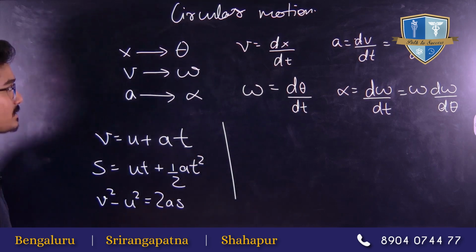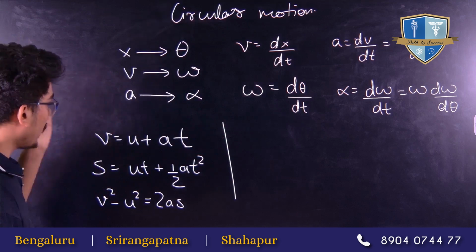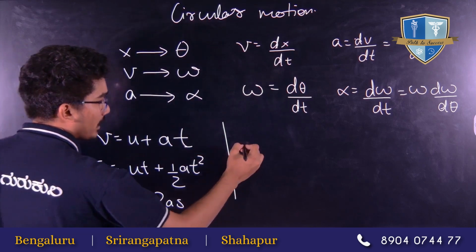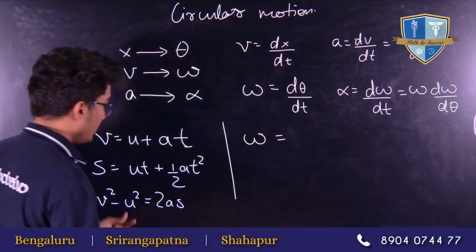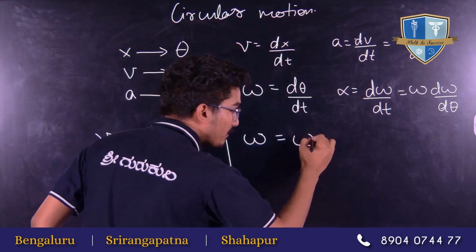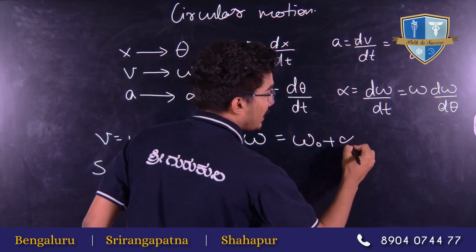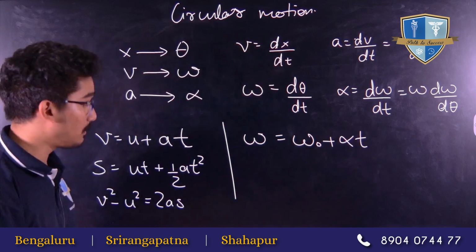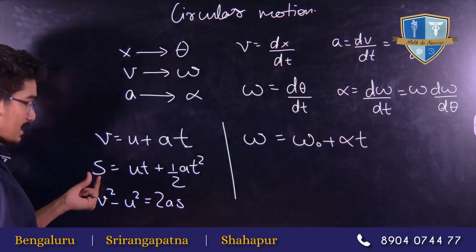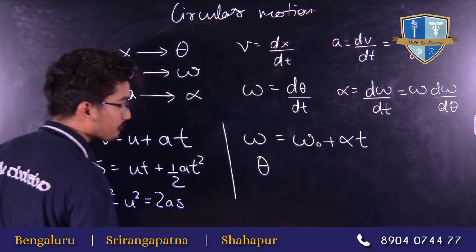Similarly, we'll replace with the angular components. So velocity will become angular velocity. Final angular velocity omega is equal to initial angular velocity omega naught plus alpha into t. So this is our first formula. Second formula will become, instead of s we'll write theta, correct?